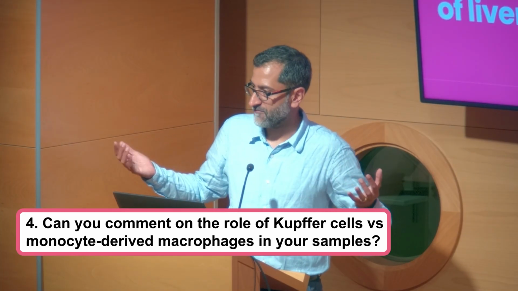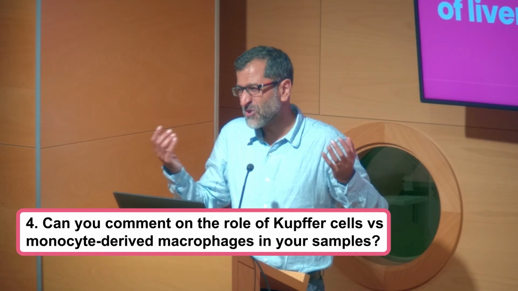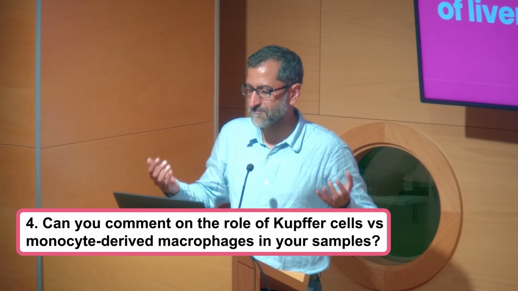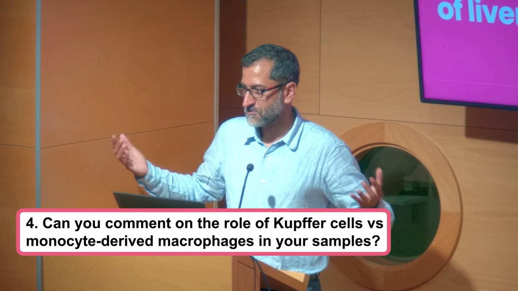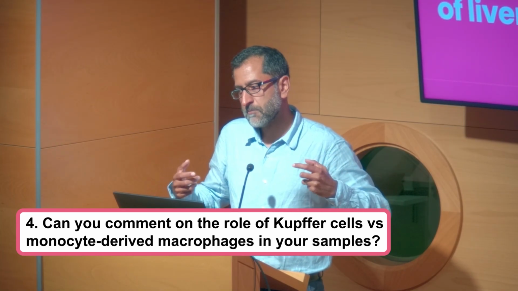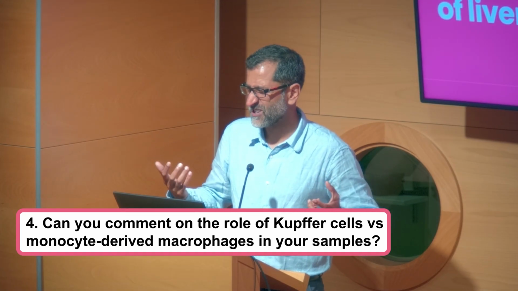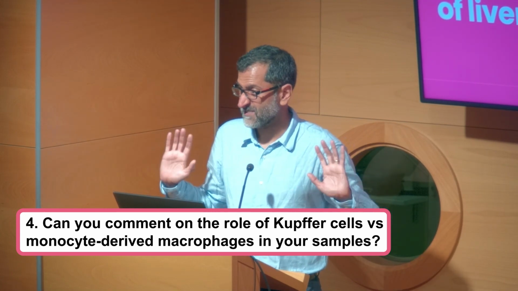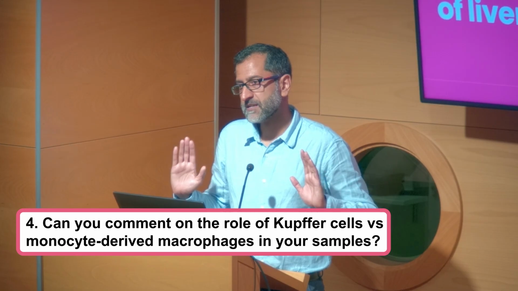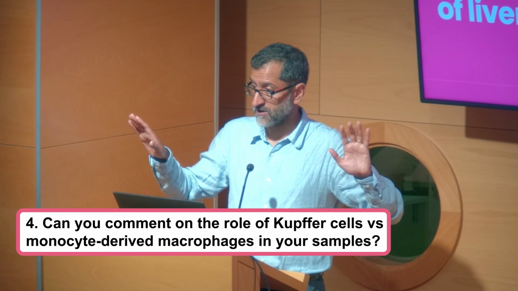If you analyze the human data, these are patients who've got advanced liver disease, you don't really find the same monocyte-derived Kupffer cells that have been reported when you deplete Kupffer cells in a mouse. So there are macrophages that maybe have slightly more of a Kupffer cell phenotype, which are different to these scar-associated macrophages, but it's different in the human. In mice, if you wipe out the Kupffer cells, so if you use the clodronate or the DTR and wipe them out, monocytes will come in and adopt that phenotype.